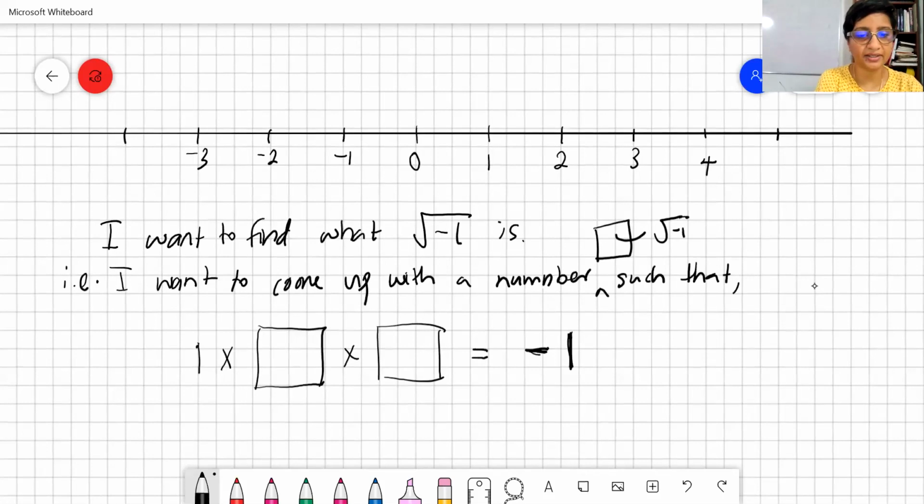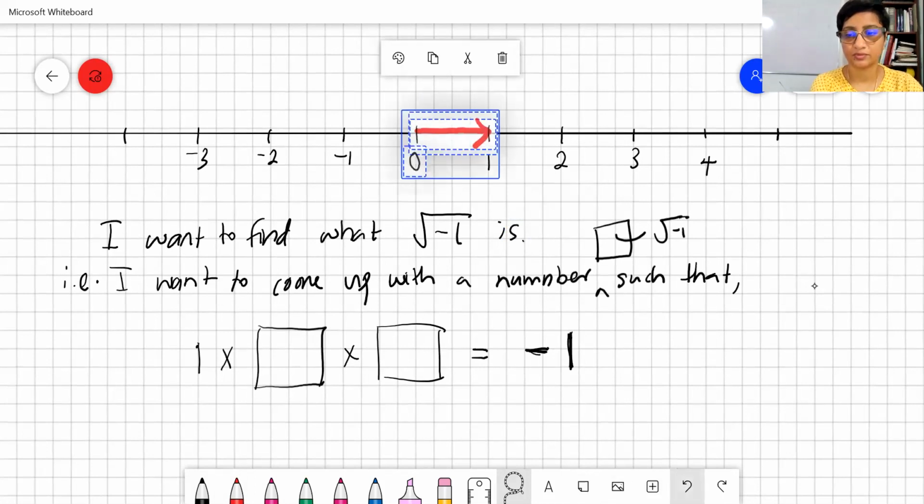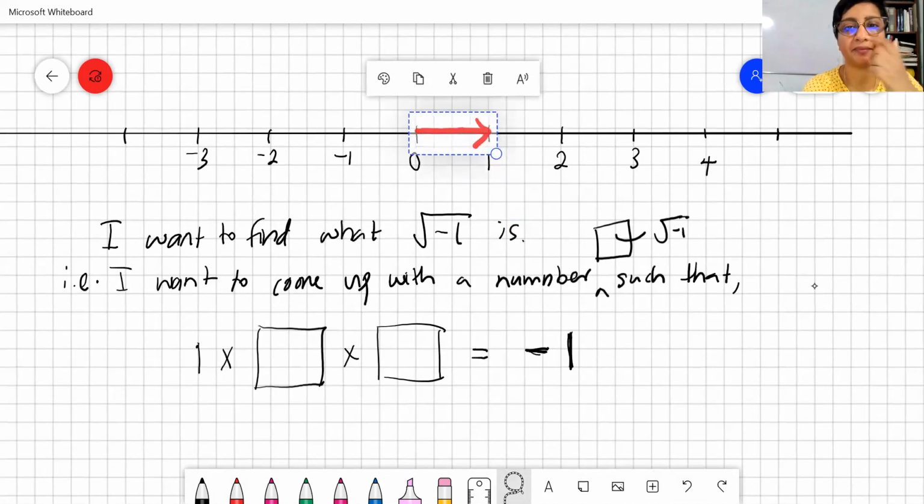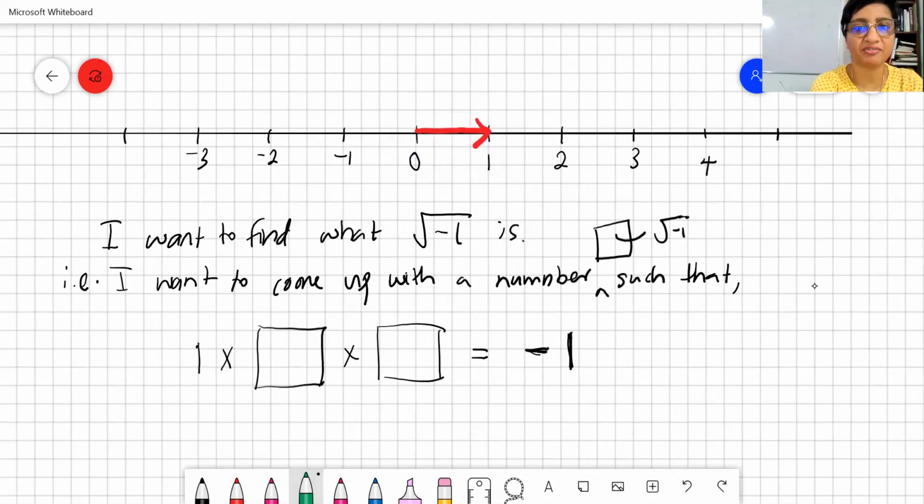That means on my line I start with my arrow, and I have to end up with my answer.